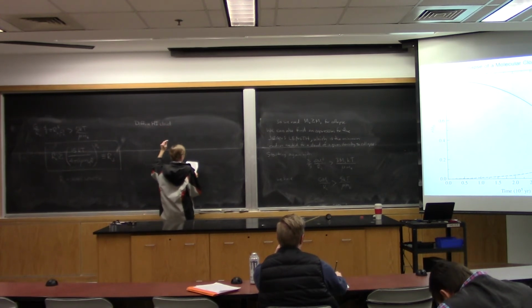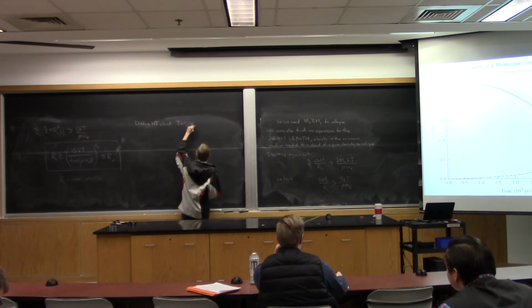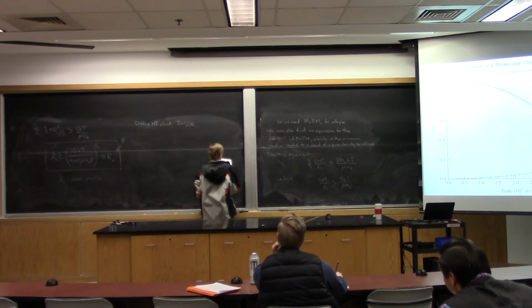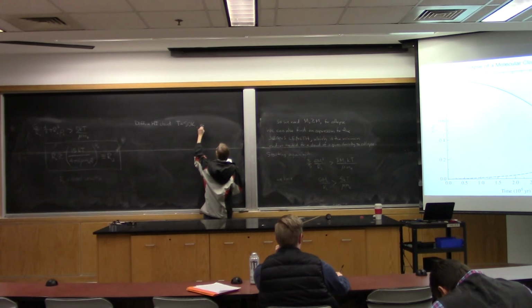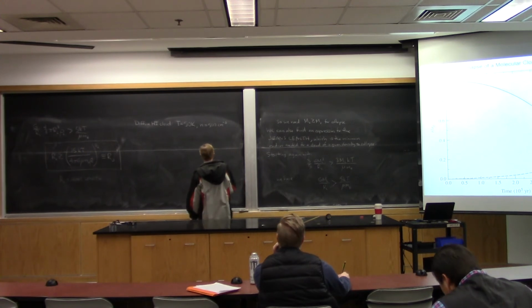For a diffuse HI cloud, let's use 50 Kelvin as its temperature. Let's use 500 particles per cubic centimeter as its density.